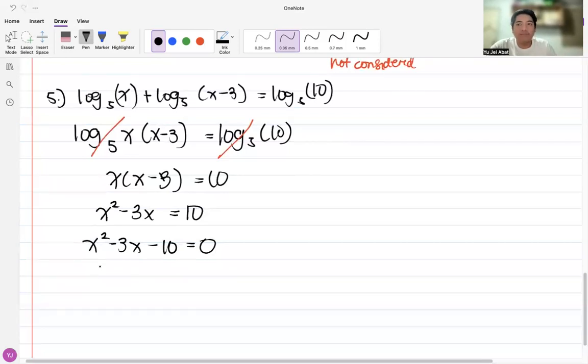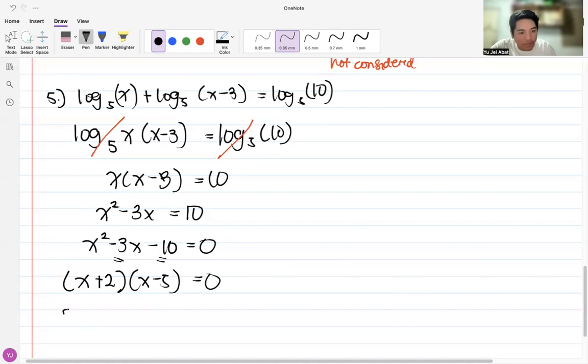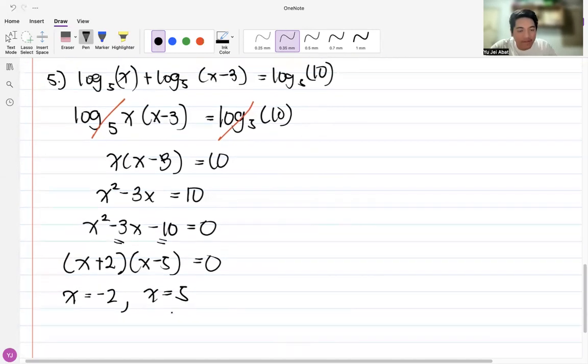So we have x squared minus 3x minus 10. What are the two numbers that if we multiply will result to negative 10, and if we add will result to negative 3? I believe that would be x plus 2 and x minus 5. So we have two answers for x: one is negative 2 and another one is 5.